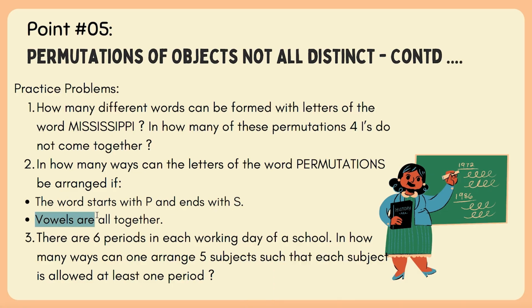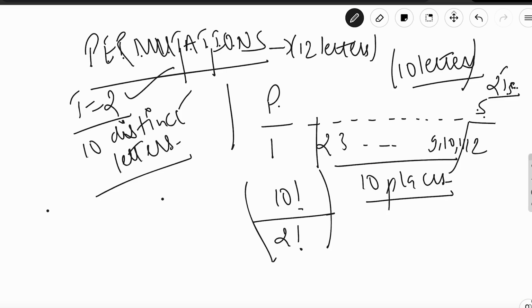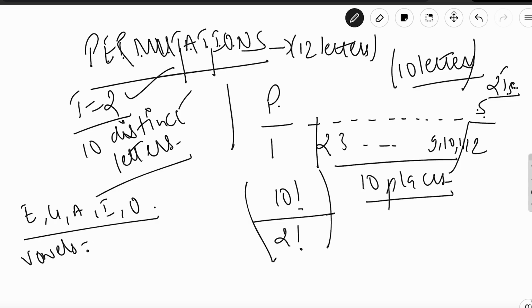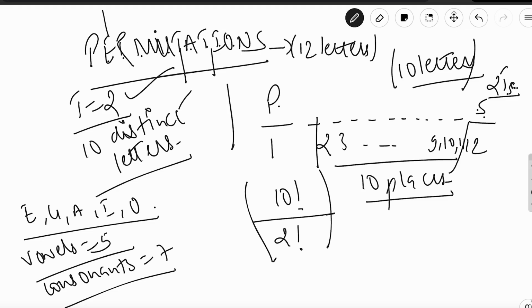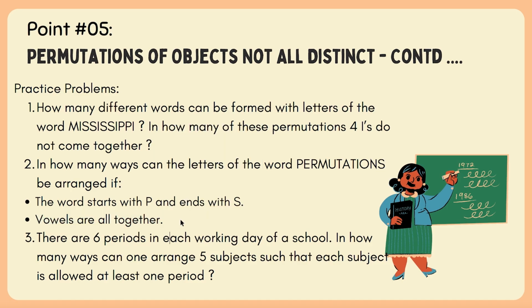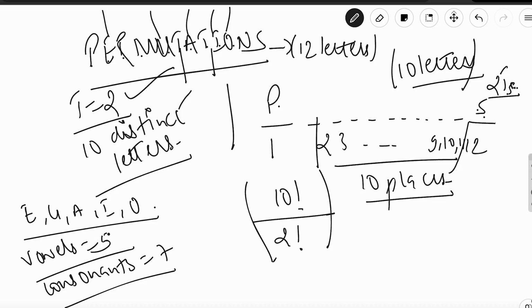Next is when the vowels are all together. We have E, U, A, I and O. There are 5 vowels and 7 consonants. If the vowels are all together, these 5 vowels form one letter.